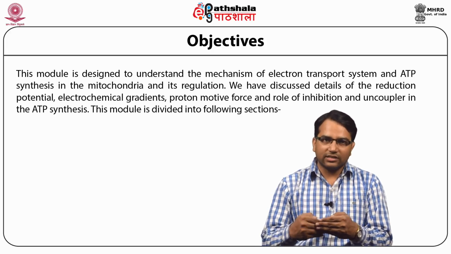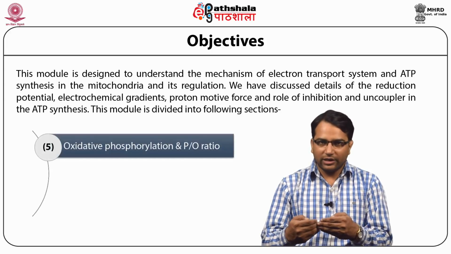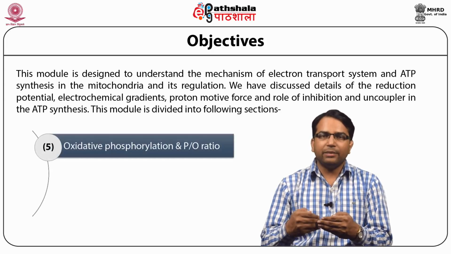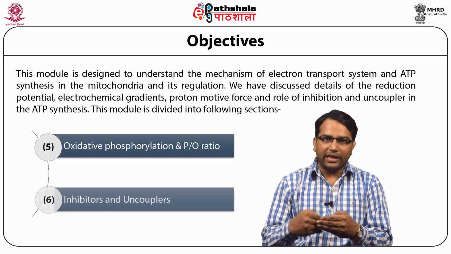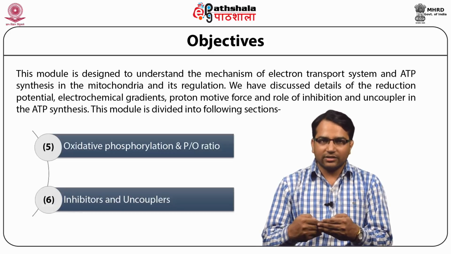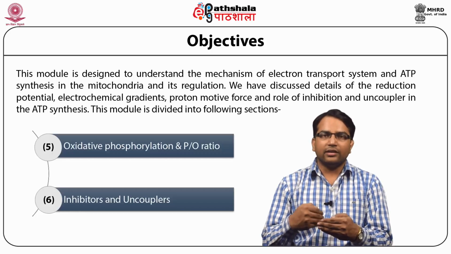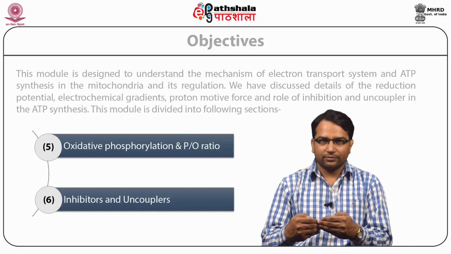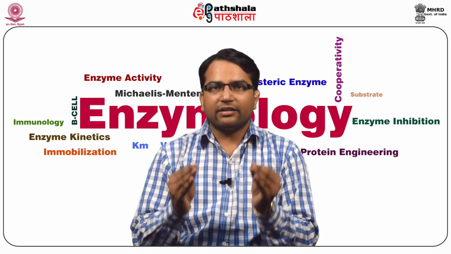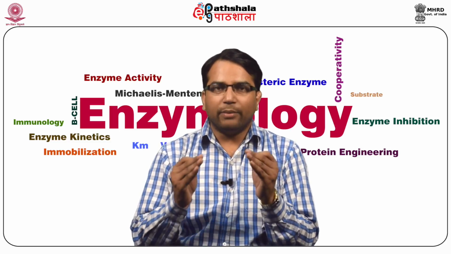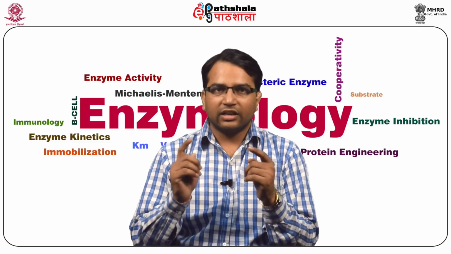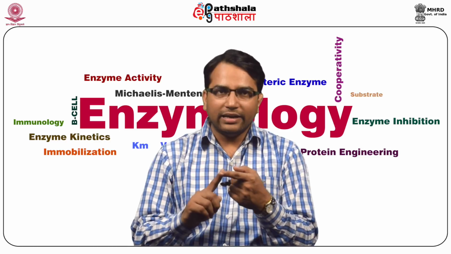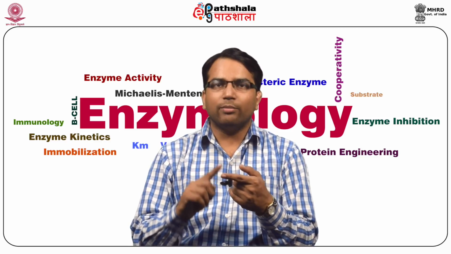We will also discuss oxidative phosphorylation and the P by O ratio. And in the end, we will discuss how inhibitors work on different complexes and how inhibitors are different from uncouplers.